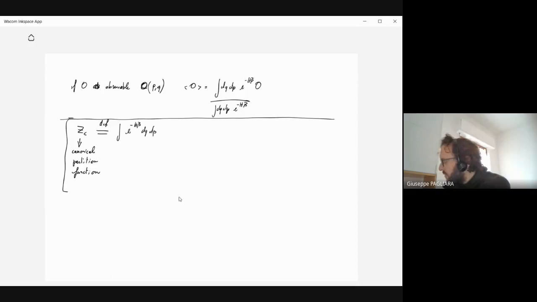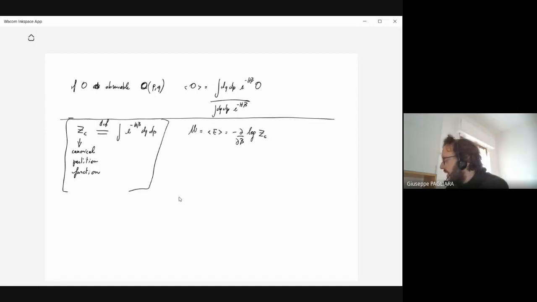Okay, so this is called the canonical partition function. As you see, the canonical partition function allows, for instance, to derive the internal energy, which is the ensemble average of the energy, as minus the derivative with respect to beta of the logarithm of the canonical partition function.